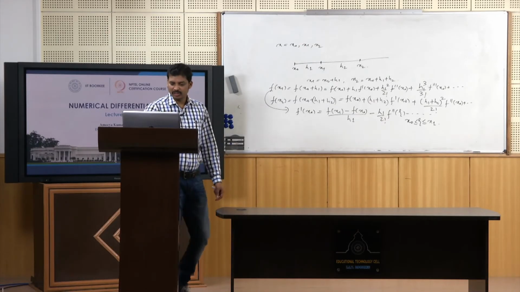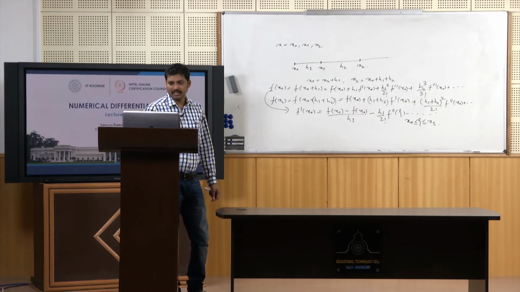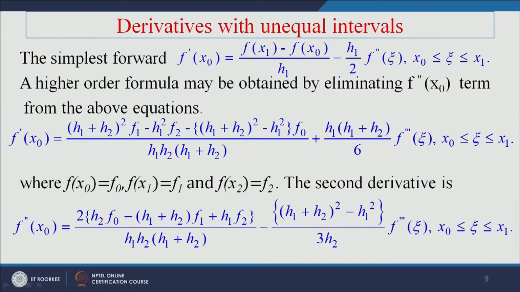So by eliminating f double dash of x0 from these two equations, we obtain f dash of x0 equals h1 plus h2 whole square f1 minus h1 square f2 minus h1 plus h2 whole square minus h1 square into f0, plus h1 into h1 plus h2 by 6 f triple dash zeta as the error term, and the first term that we have written is divided by h1 h2 into h1 plus h2.